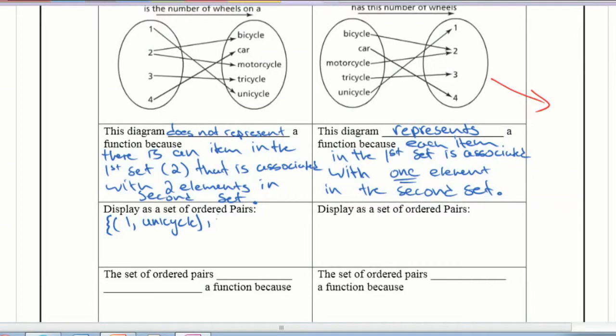And then I had 2, which was a bicycle, and 2 also represented a motorcycle. And then I had 3 for tricycle, and finally 4 for a car. And then I'm going to close my squiggly bracket.